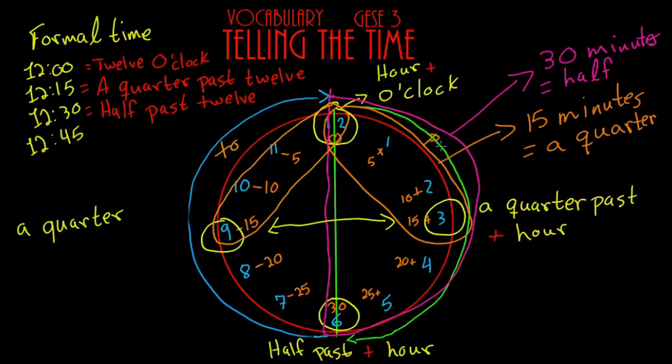This one is past, and this one is to. So when we go to this direction, we write a quarter to plus the hour. So a quarter to plus hour. A quarter to 12? No. The next hour. A quarter to 1. Okay?